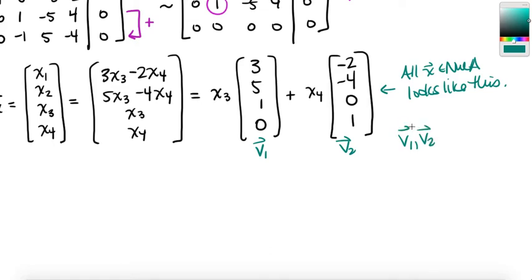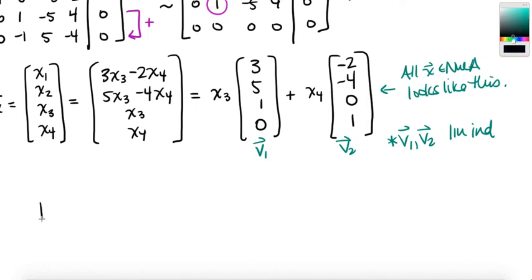V1 and V2 are linearly independent, which is great for us because anything in the null space can be written as a linear combination of these. That gives us the spanning requirement of a basis. And they're linearly independent, so that gives us the linear independence requirement of a basis.